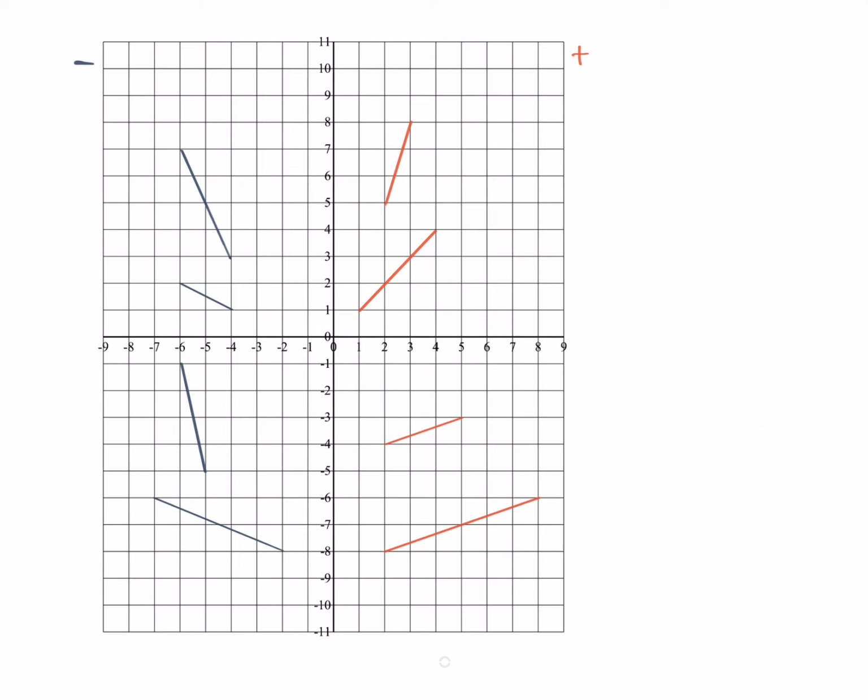Okay, so first thing I do, and I'm going to look at a slightly different line. I'm going to look at this line here. I am going to go to the top of the line, which is here, and I'm going to go to the bottom of the line, which is here.